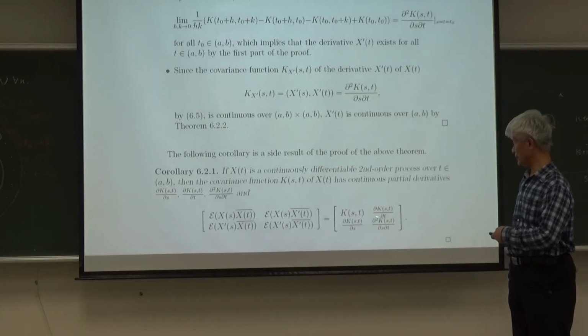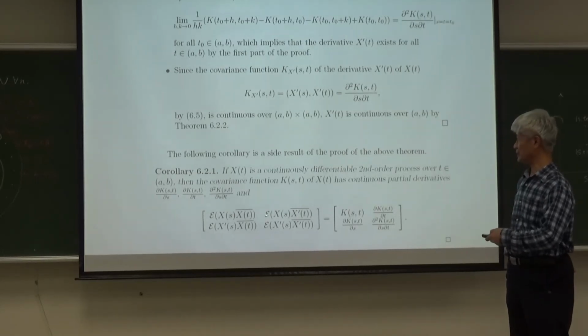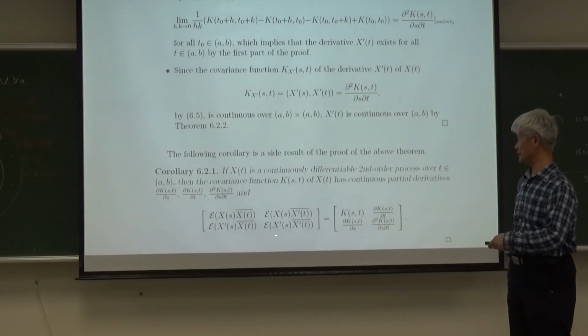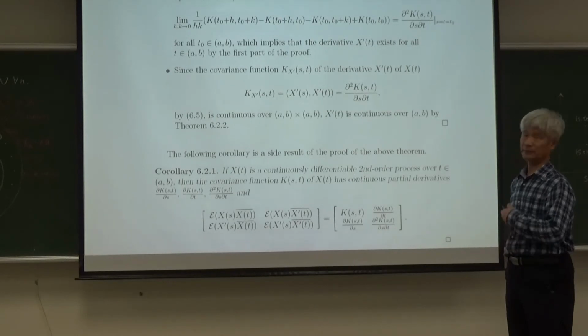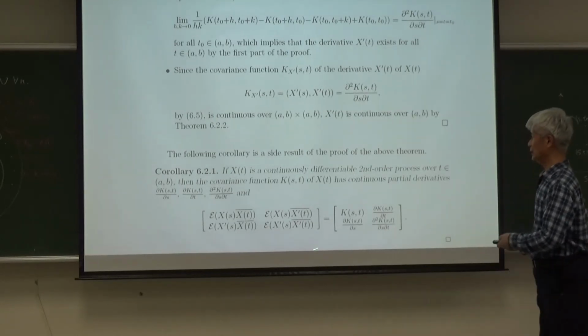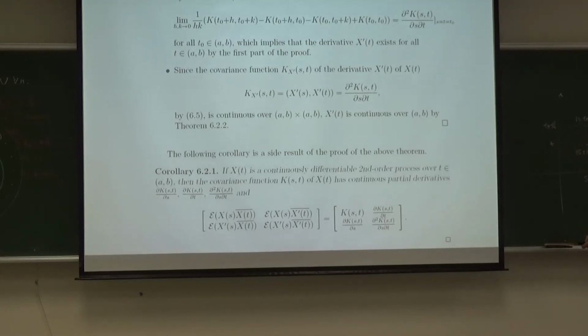So this partial derivative actually is the cross covariance function of x and x prime. And this one just changes the role, so it is x prime and x. And this mixed double partial derivative is just the covariance function of the derivative process. Very interesting. So this is an important result.